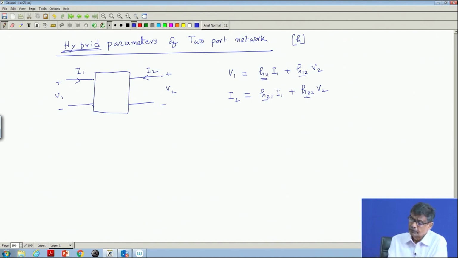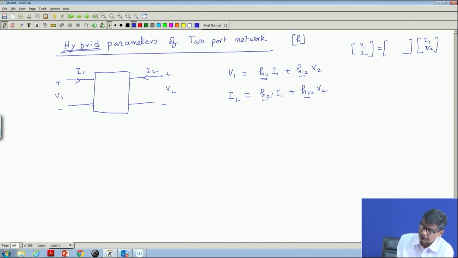For example, I want to write down the input voltage and output current in terms of some parameter values, in terms of I1, input current, and output voltage, a mixed-up thing, voltage and current.